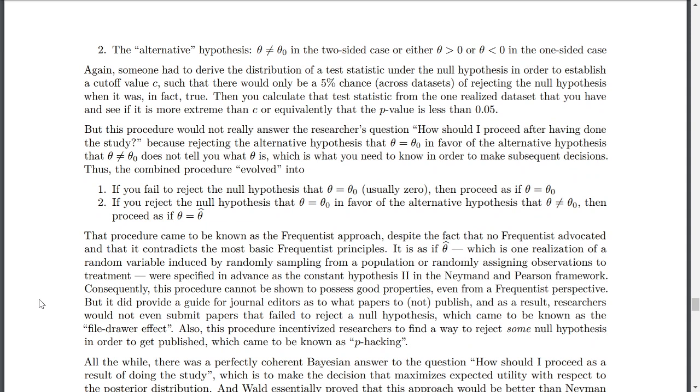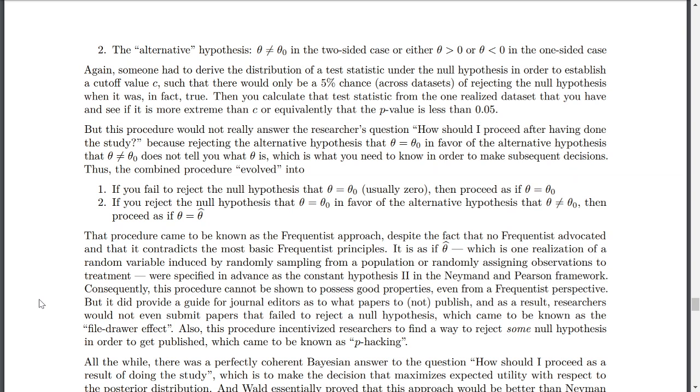And so this combined procedure that the journals fabricated evolved, under some definition of evolution, into the procedure that you see in practice, maybe not as much in the past few years, but over the past few decades. If you fail to reject the null hypothesis that theta is 0 or whatever, then proceed as if the null hypothesis is true.